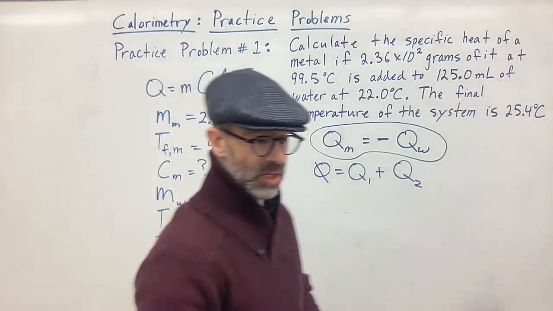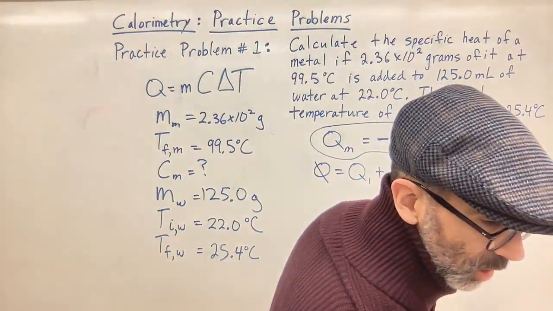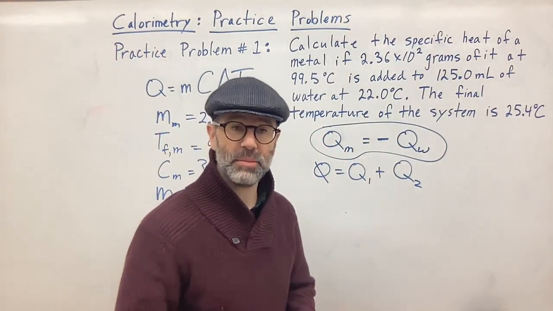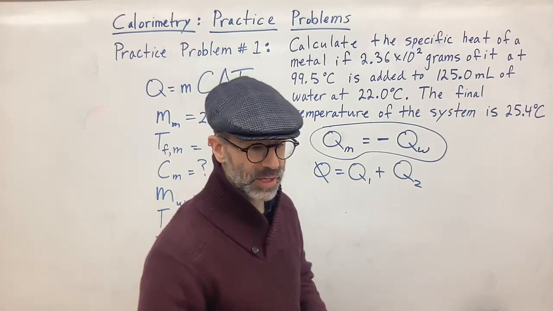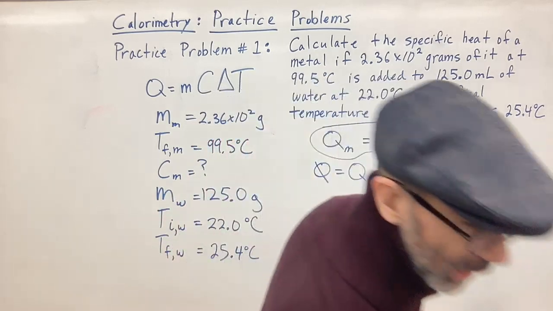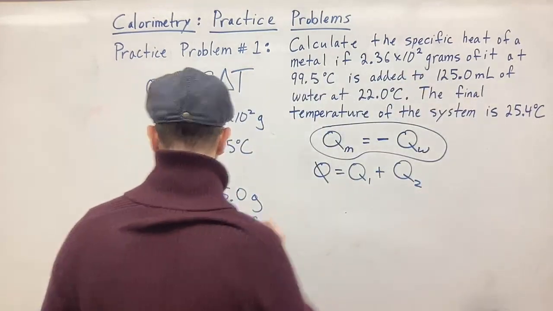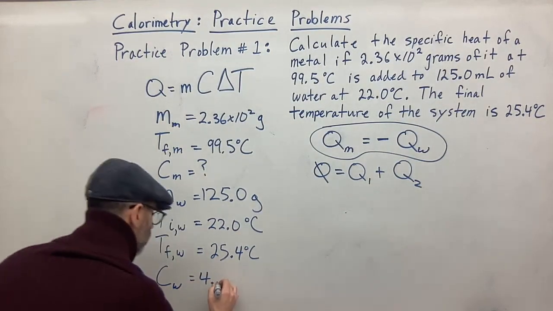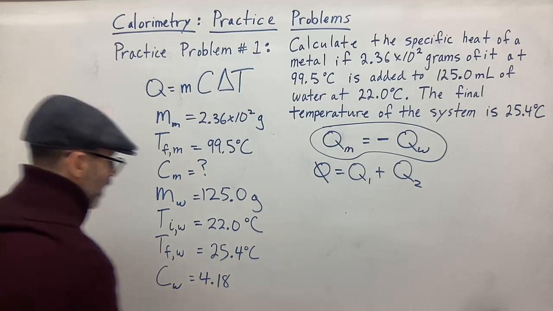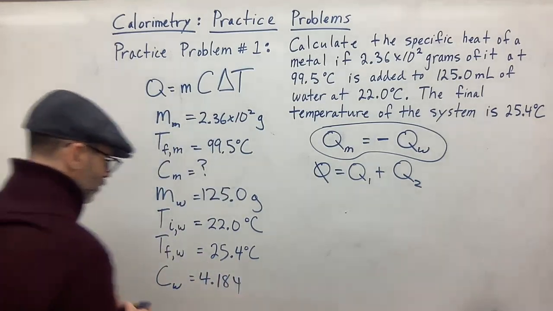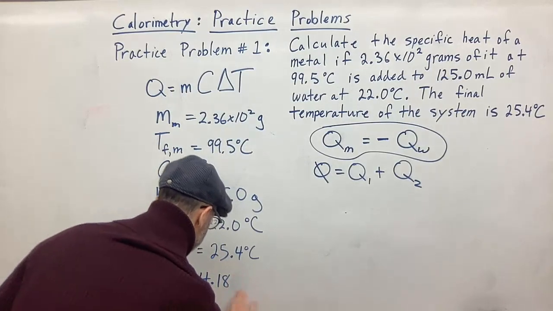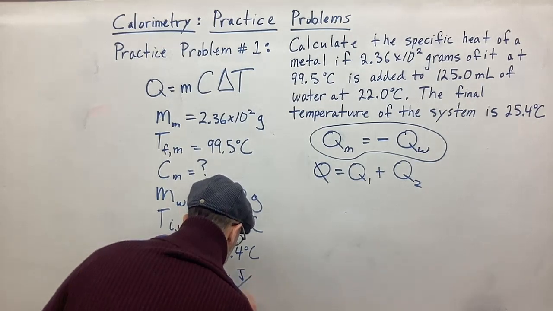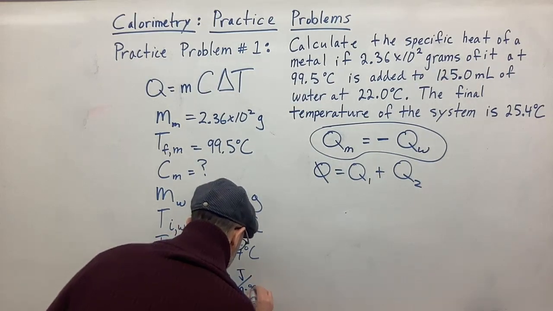Now, the other thing that you need is the specific heat of water. This is something either given to you or you'll have to look it up. So the specific heat of water is 4.18. Sometimes they put a 4 there too, but we'll shorten it. So 4.18 joules per gram per degree Celsius.